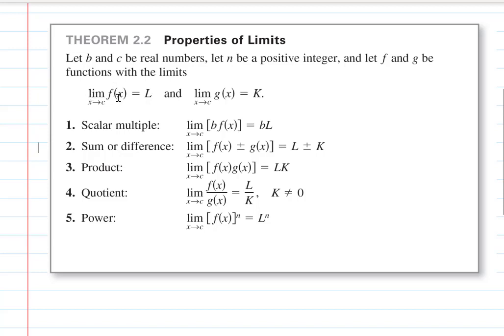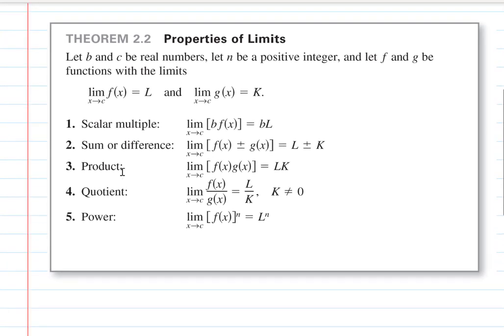Suppose f and g are functions whose limits already exist. We say the limit of f as x goes to C is L, and the limit of g as x goes to C is K. Let's say those limits exist, then all of these properties follow. The limit of a multiple of the function f is equal to that multiple times the actual limit, right?